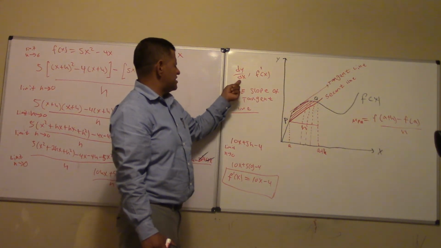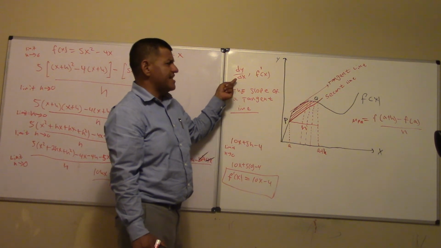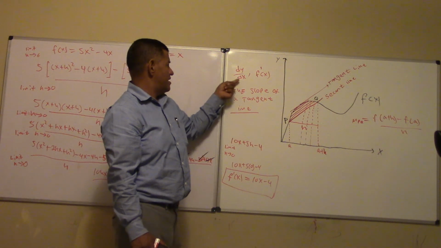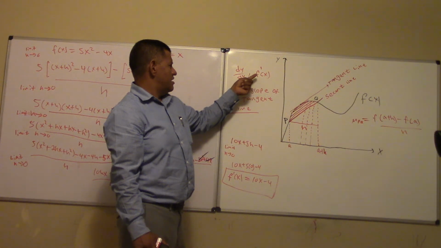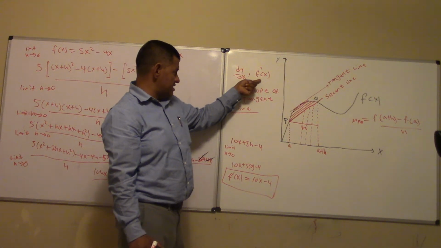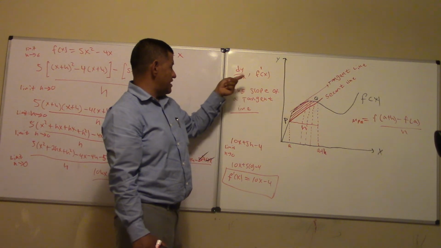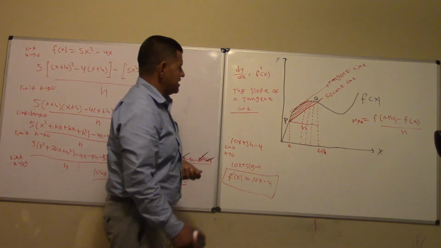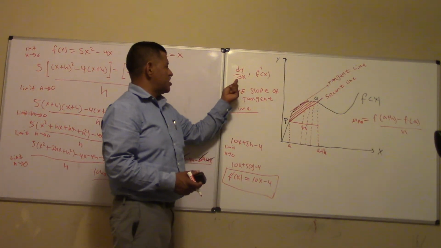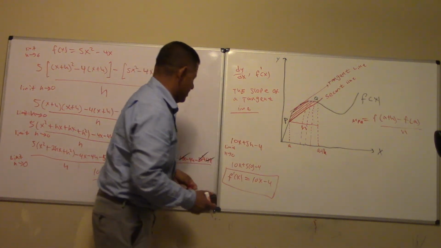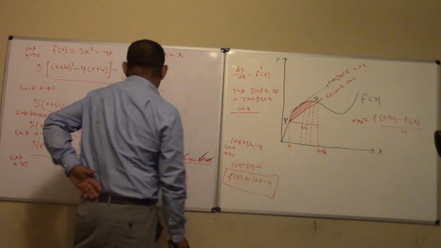This one was done by Leibniz. I think that is the way you pronounce it, Leibniz. So Leibniz came up first. Isaac Newton came up with this, and this is Newton's notation. That's how you recognize dy dx, which is basically the changing y over the changing x, which is the same thing as the slope of a line, basically.